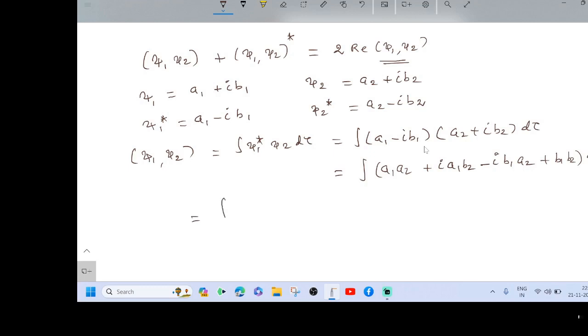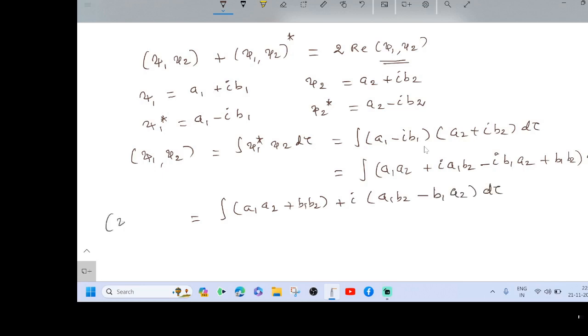This is the integral of a1 a2 plus b1 b2 plus I into a1 b2 minus b1 a2 into d tau.